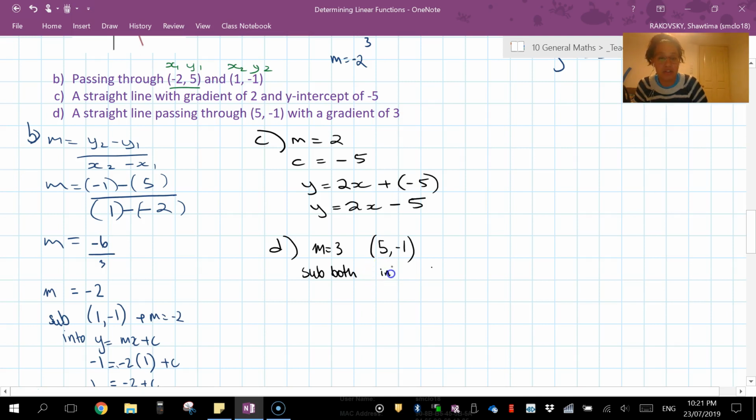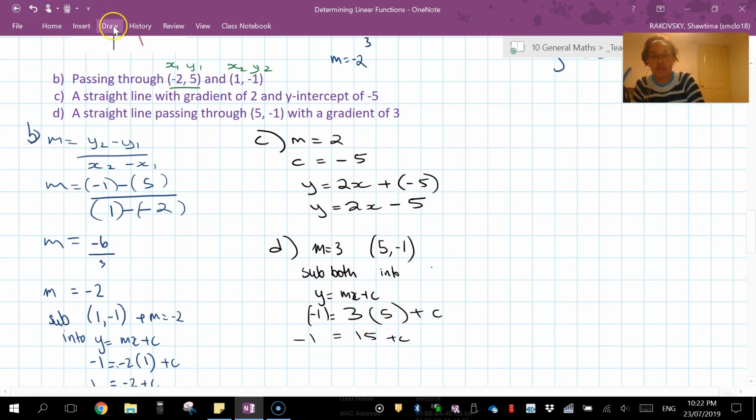So y in this case is -1 equals 3 bracket 5 plus c. So -1 equals 3 times 5, which is 15, plus c.